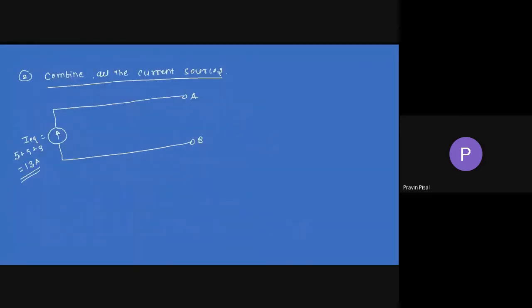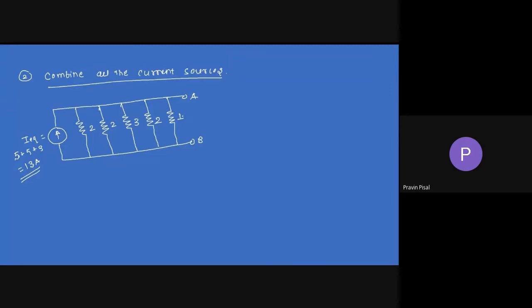Five resistances are there, so I will make 5 resistances here: first, second, third, fourth, fifth. So this is 2, this is 2, this is 3. After that 3, there is 2 and this is 1. Fine. So you can see now the network is simplified.